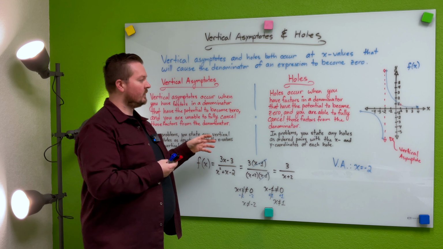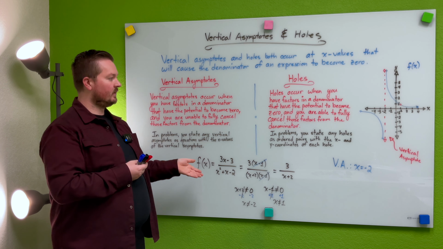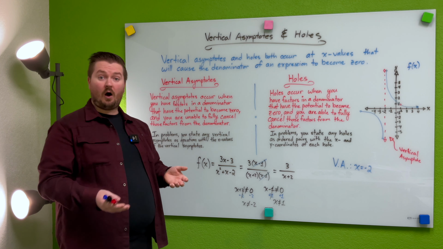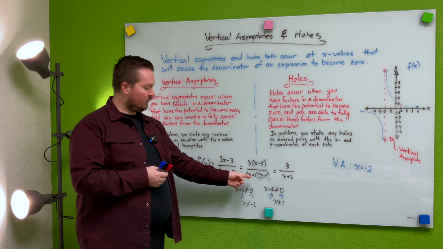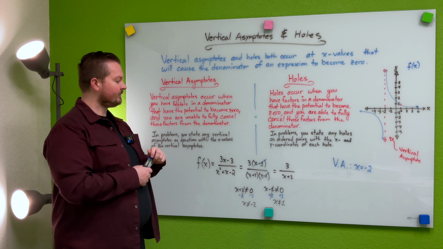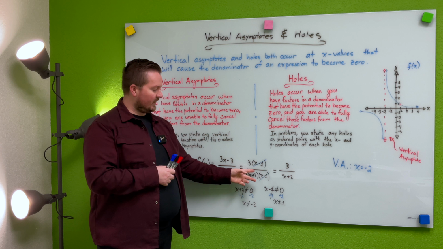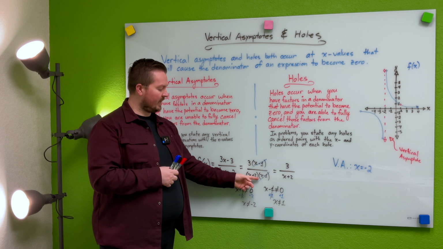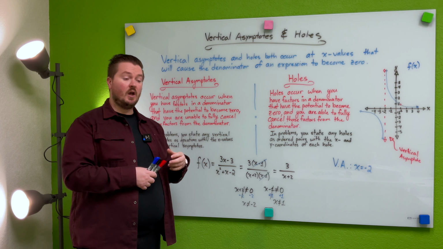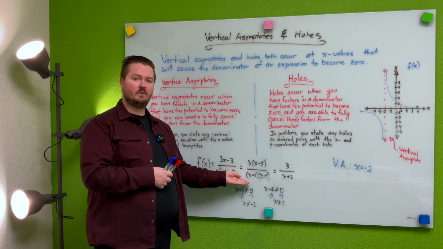Holes occur when you have factors in the denominator that have the potential to make the denominator become 0, but you are able to fully cancel those factors from the denominator. So notice we have an x minus 1, x minus 1. This factor of x minus 1 in the denominator could make the denominator equal 0.